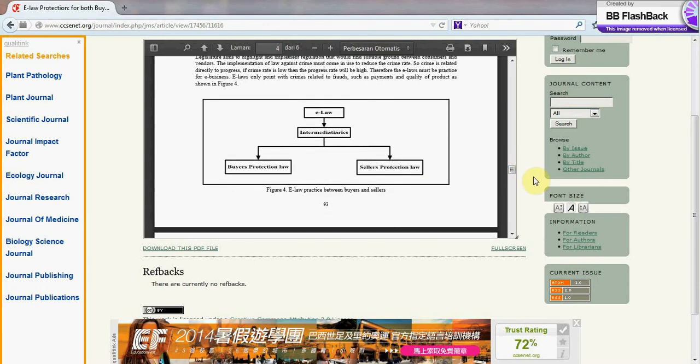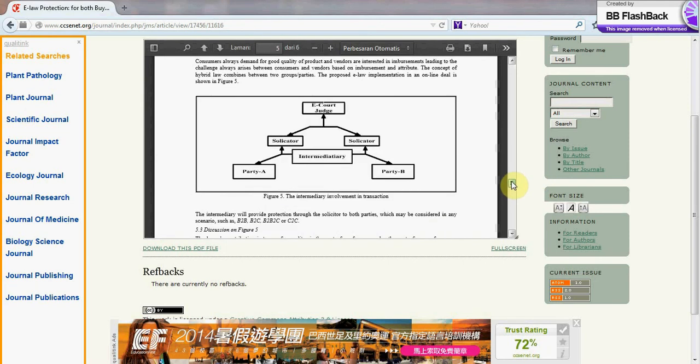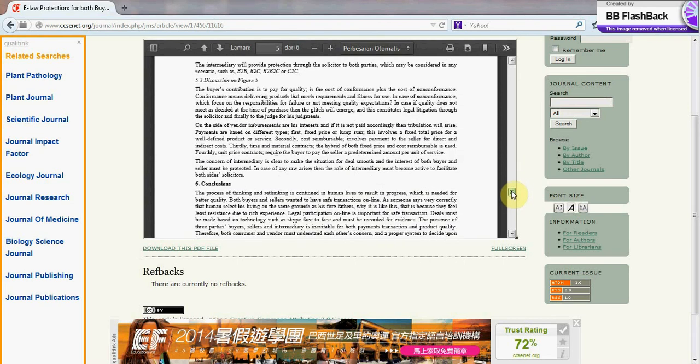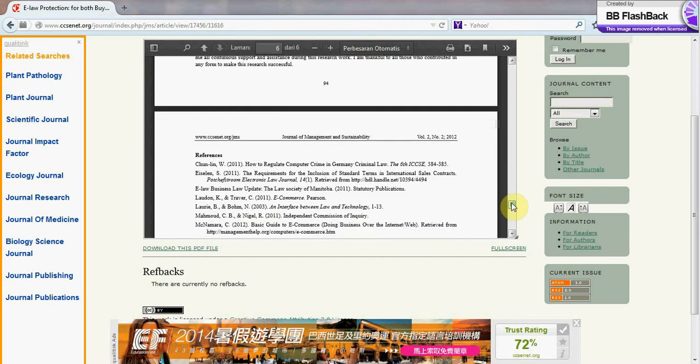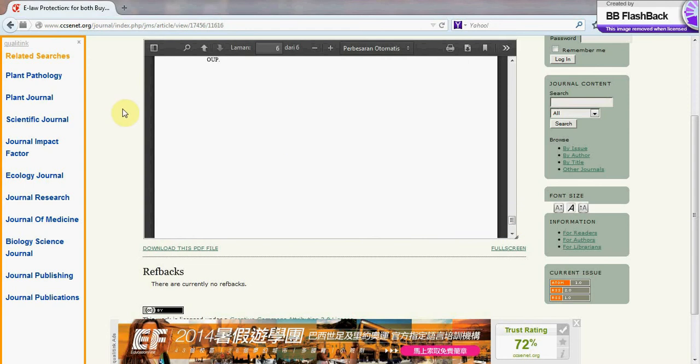And for e-law, we need intermediaries for buyer protection and seller protection. This is the picture of the intermediary involvement in transaction. This is the reference. You can read it by yourself and download.